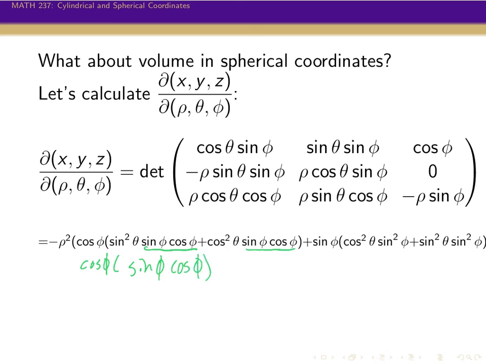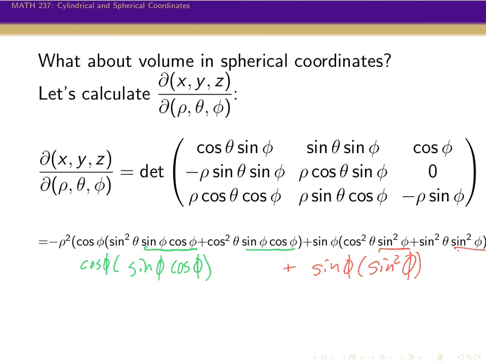Same thing over on the other side. We've got sine phi squared, and then it's getting multiplied by cosine squared plus sine squared. And so this half turns into sine phi times sine squared phi.